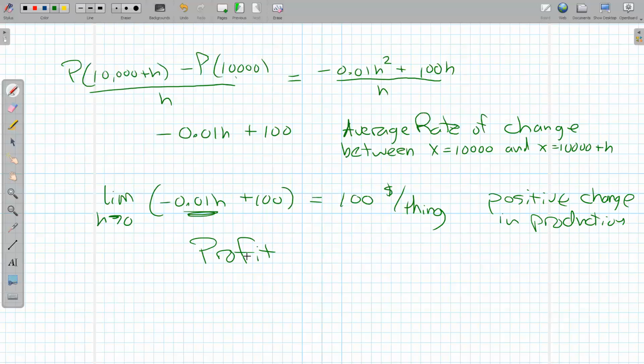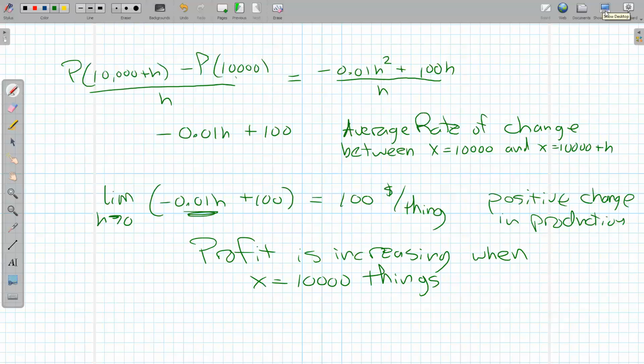And we can look at the graph to see that that's the case. So if we produce a little bit more than 10,000 things, we should find we're making more profit than when we're producing 10,000 things. And so that's good to know.